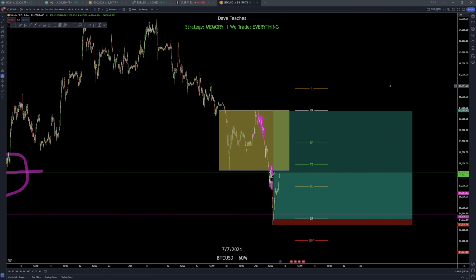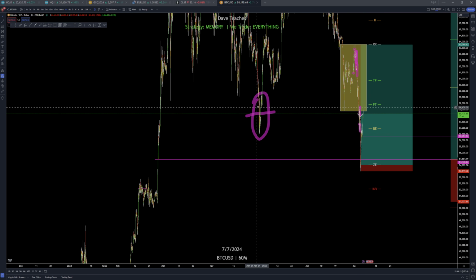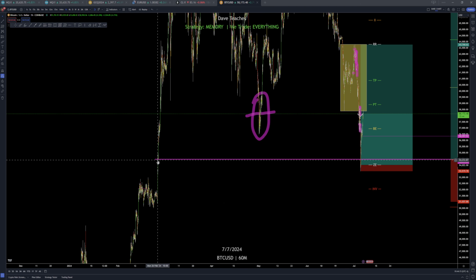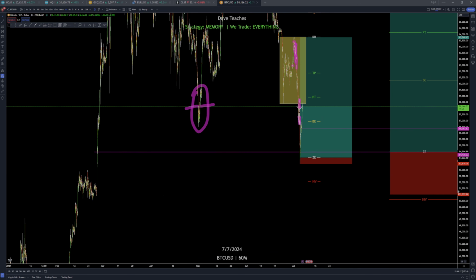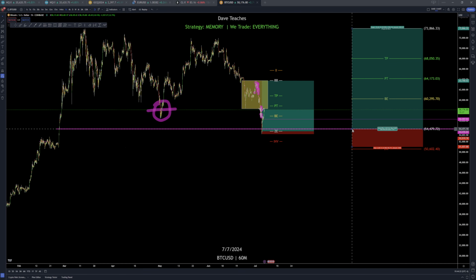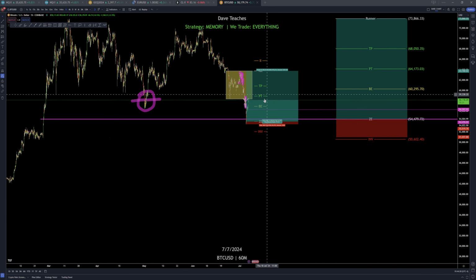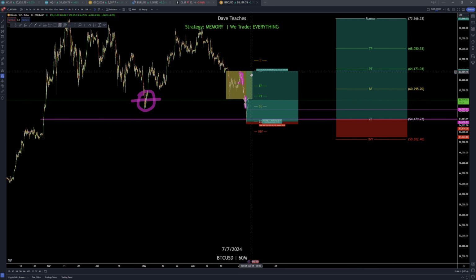And here's the last thing on Bitcoin. This is the one that I call on Bitcoin. We were waiting for price to take out this low. We were waiting for us to run below here. And we were expecting price to trade back inside the range, right? So this was more of a larger time frame play. With the outer impulse here, and here's the inner impulse right here, right?